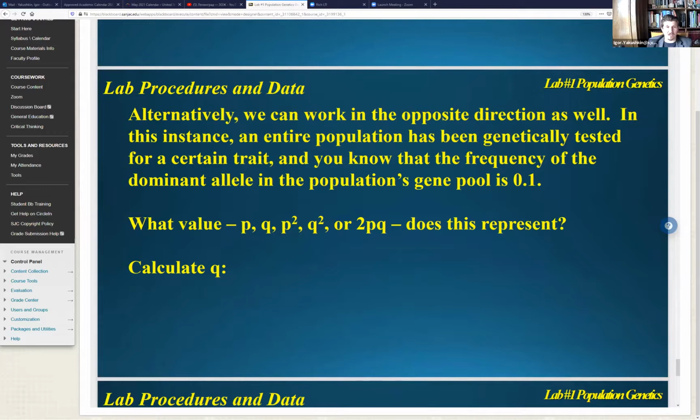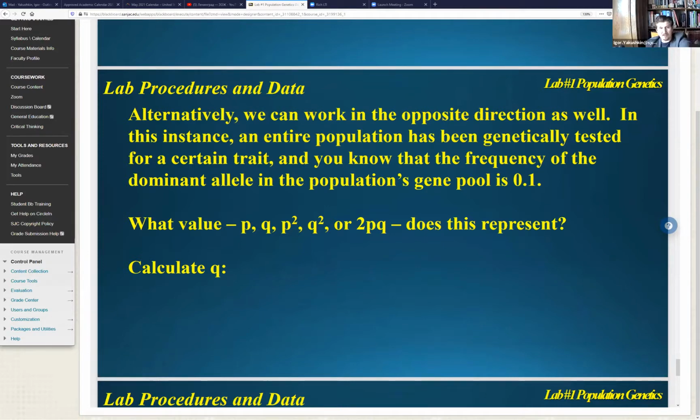All right, so alternatively we can work, let's say, from the frequency of the dominant allele. As soon as you have some sort of numbers, you need to figure out what it is: P, Q, P squared, 2PQ, or Q squared.